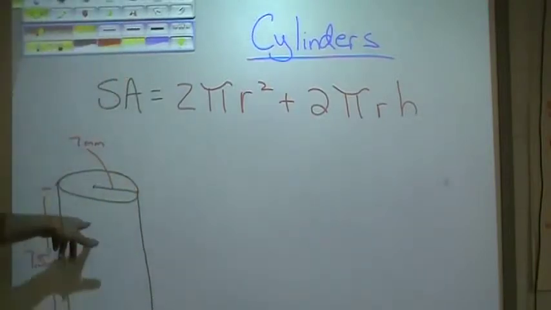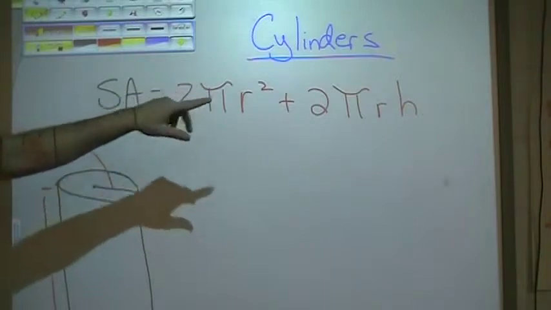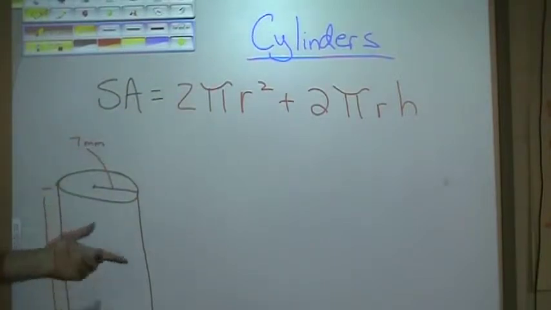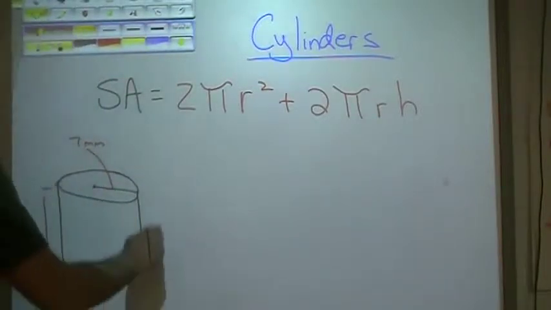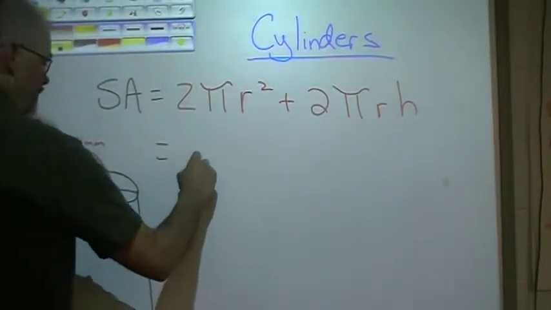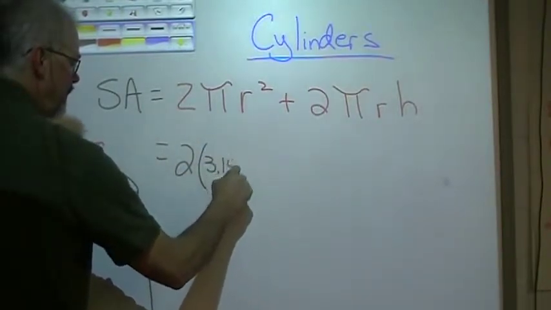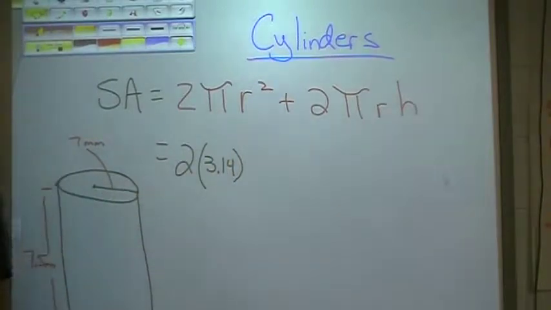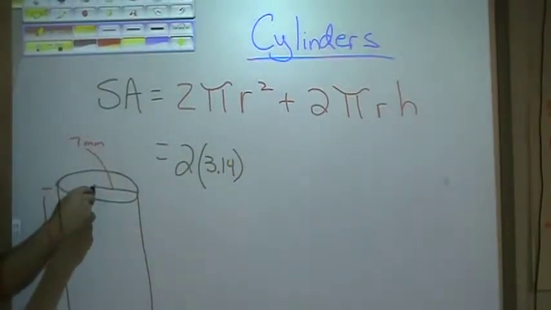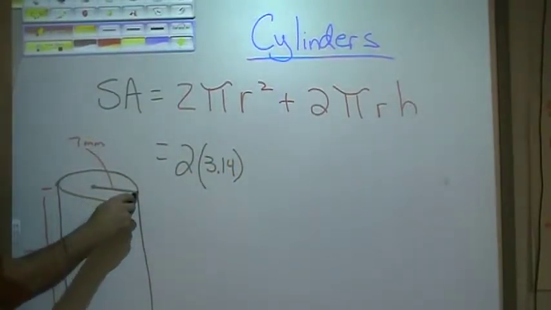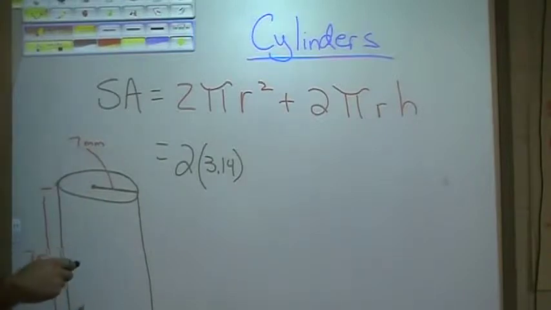Anyhow, here's the can, here's the formula. Let's say this is a can, just like we had there, and we want to find the surface area of it. Let's plug in what we know. We know we're going to use a 2. Pi, we always use 3.14. And our radius is half the distance across the top of the can.